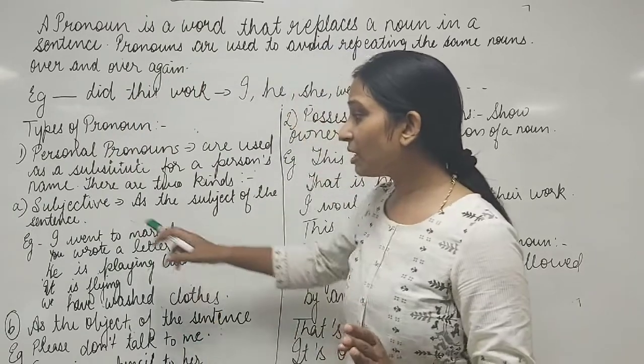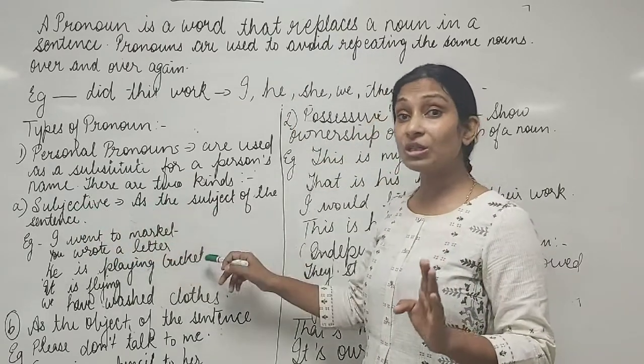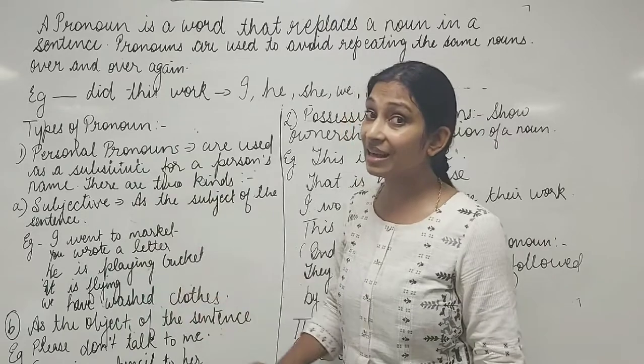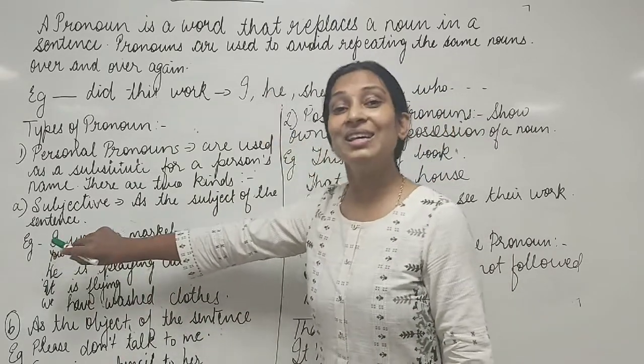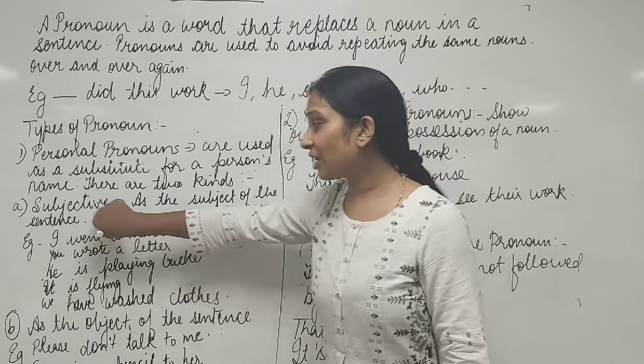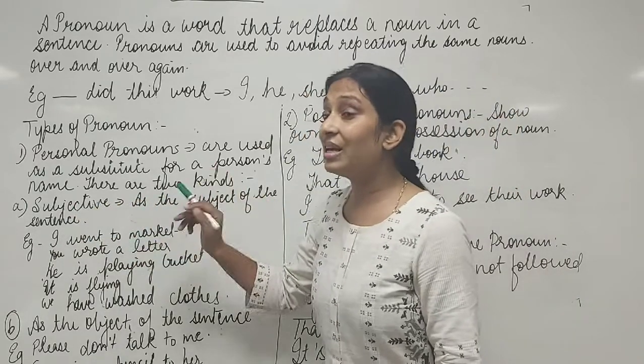Clear? Again, I am repeating, what are subjective pronouns, children? Subjective pronouns are used as the subject of the sentence, and the subject of the sentence always comes at the beginning of the sentence. Clear? So, subjective pronouns are the words which are used as the subject of the sentence.